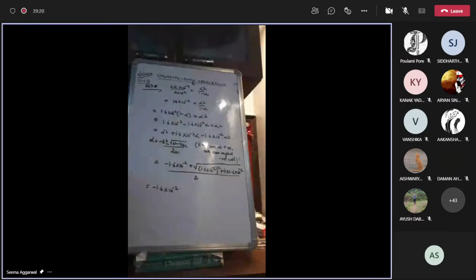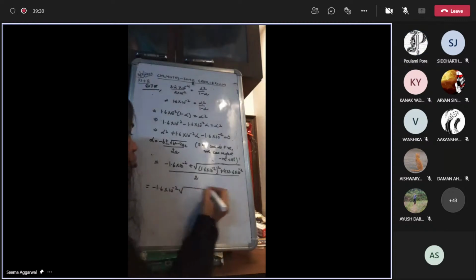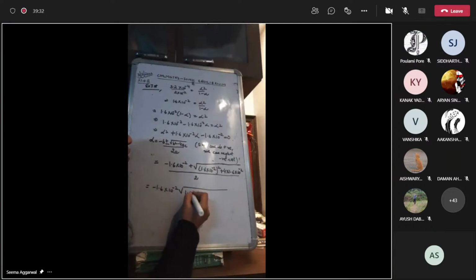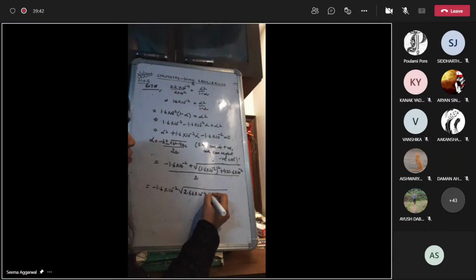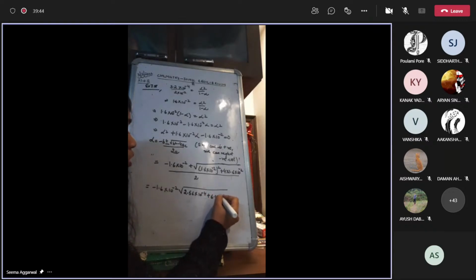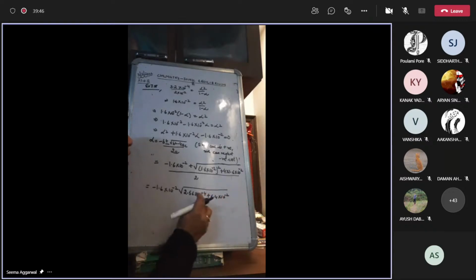So from here, how to solve it? Should I solve the square first, or should I take 1.6 into 10 raised to power minus 2 common? It's one and the same thing, it won't matter much. What is 16 into 16? 256, so 2.56 into 10 to the power minus 4, plus 4 into this means 6.4 into 10 to the power minus 2.